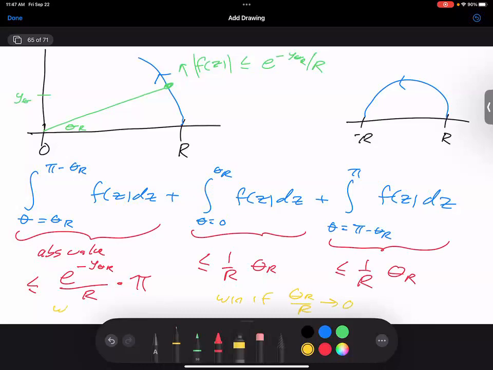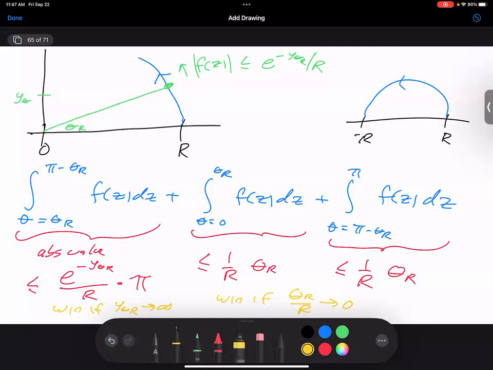And here we win if y theta r goes to infinity. So all we have to do is choose a theta so that y of theta is going to infinity and theta r is going to 0 when you divide by r.